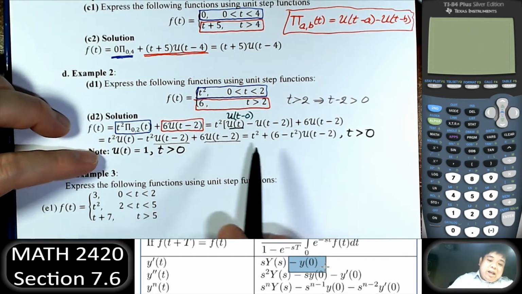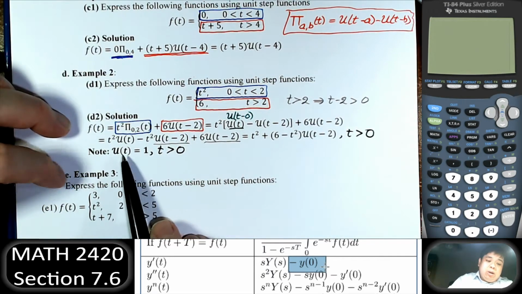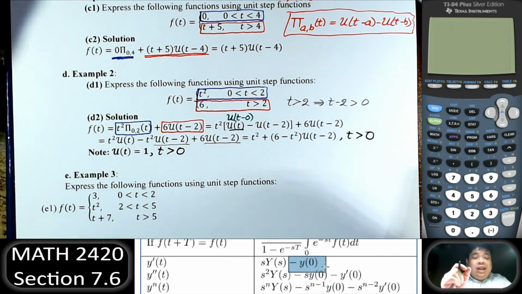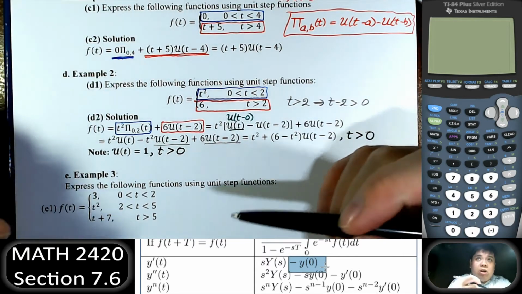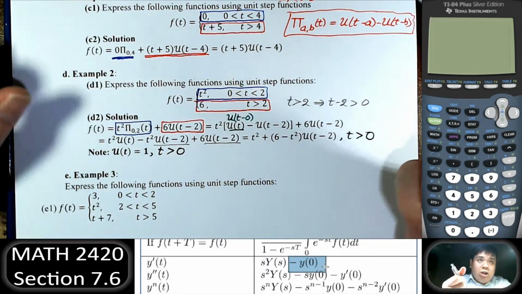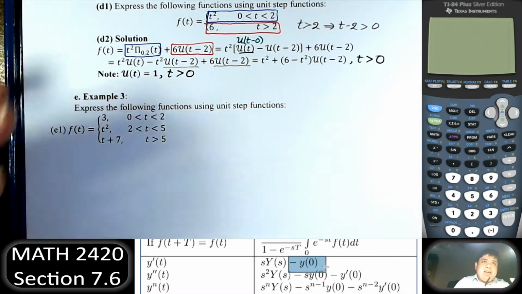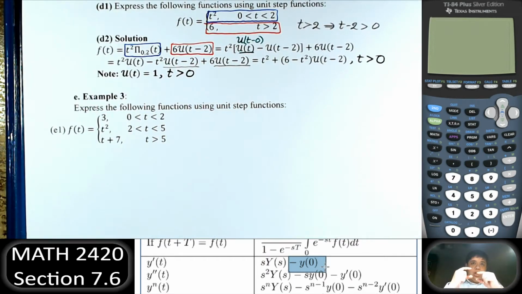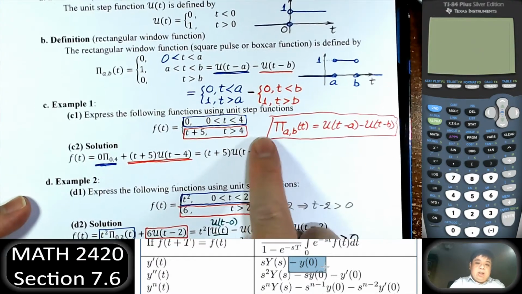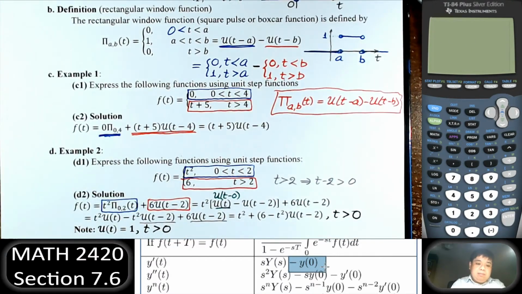So in that case we can say u of t is equal to 1. Later on when we do the Laplace transform, it will be consistent with the way we do it. Right, so when we have a piecewise function like this, set it up piece by piece using the unit step function or window function, and after that we split the windows using this, and then we combine them.